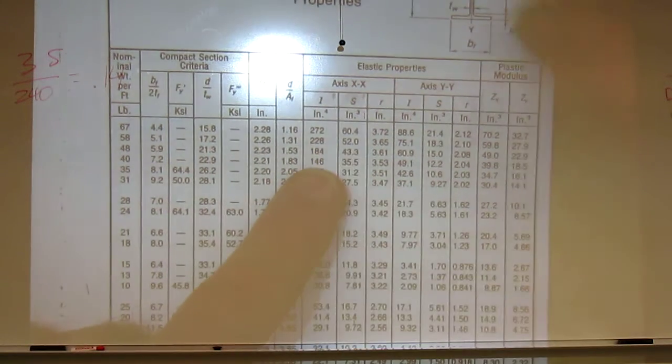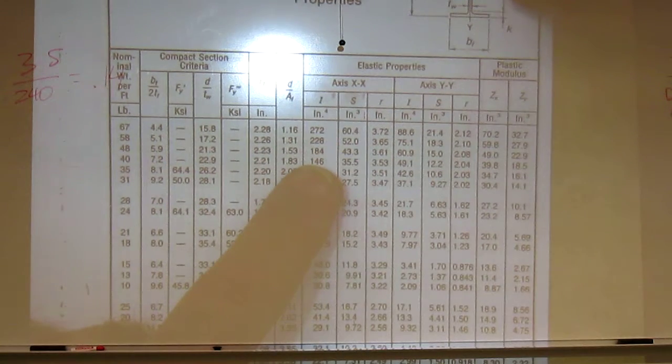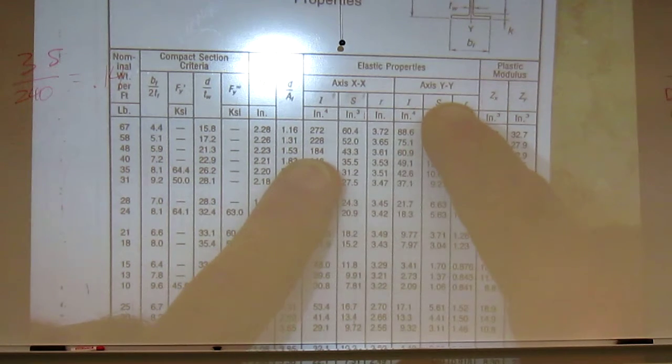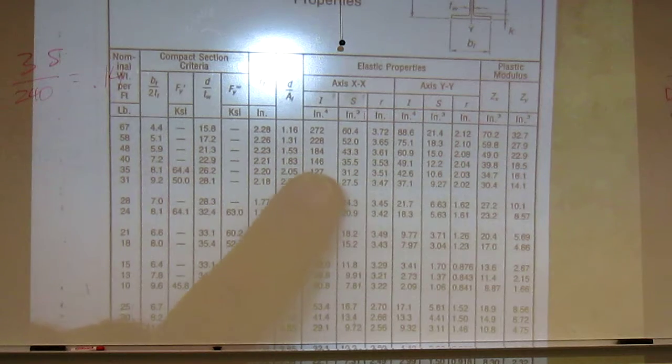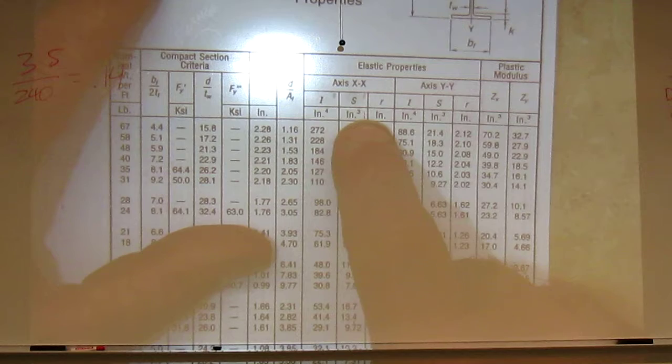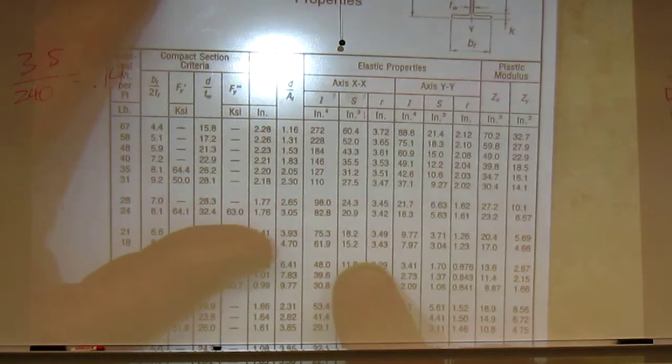Over here, when you look at the axes, what we're looking at is the XX and the YY axes. So there's I and S, the section modulus, for both of those.